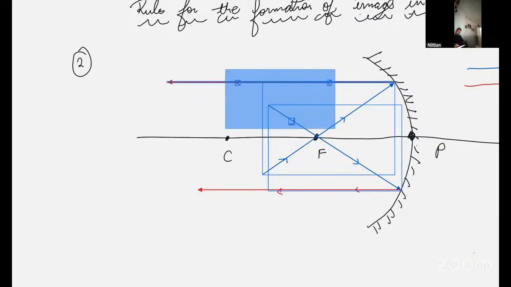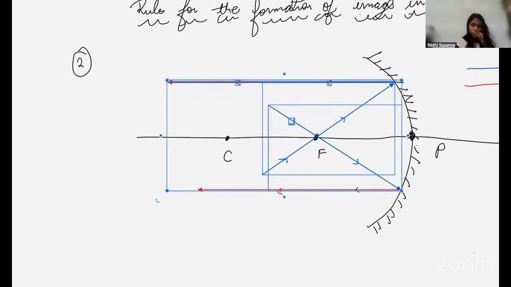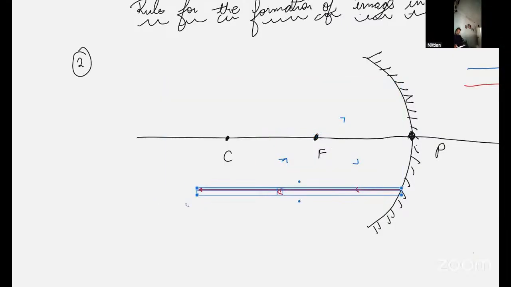After reflection, parallel to the principal axis in a concave mirror.